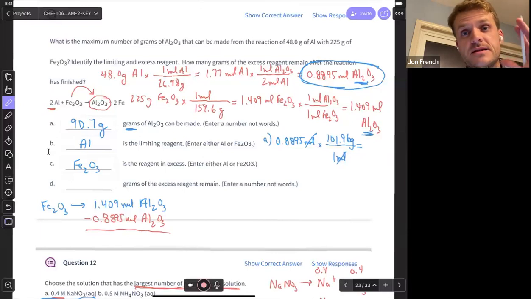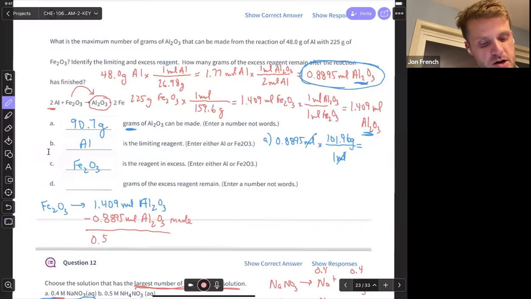That's how much I made, so that's why I can subtract what we made. 1.409 minus 0.8895, I get leftover, excess moles that I could have made of 0.5195 moles of aluminum oxide.